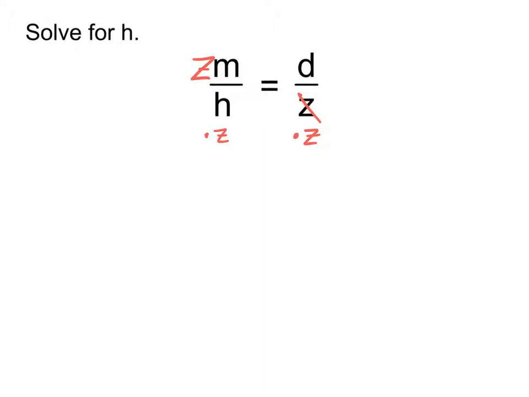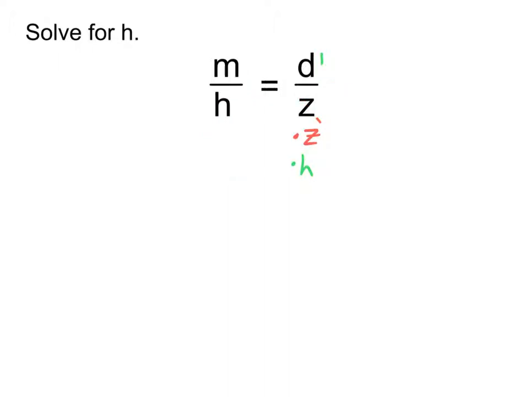We'd multiply, right? I'd have to multiply both sides by h. And multiplying that h would cancel that h out. And then I'd multiply h over here, which means that I'd end up with d times h. If we just cross multiply, what do we end up with? The same thing. So why does cross multiplication work? Because basically what we're really doing in order to solve this is we are multiplying both sides by both denominators.